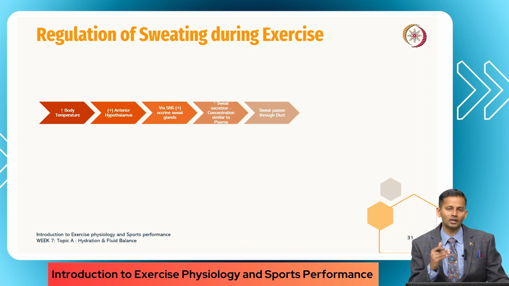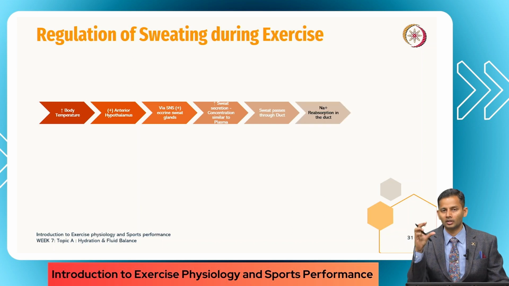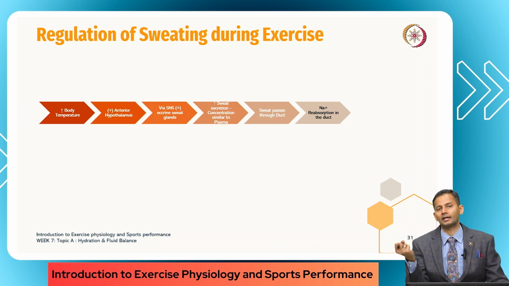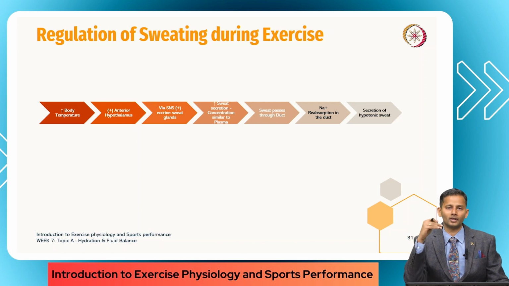Once it is secreted, it passes through the duct, and then through the pore it comes out of the skin as sweat. In this transit process, as the sweat filtrate passes through the duct, the body tries to conserve whatever sodium has been secreted into the sweat filtrate. So the sodium is reabsorbed in this duct as the sweat passes to the top of the pore, from where it gets released out as sweat.